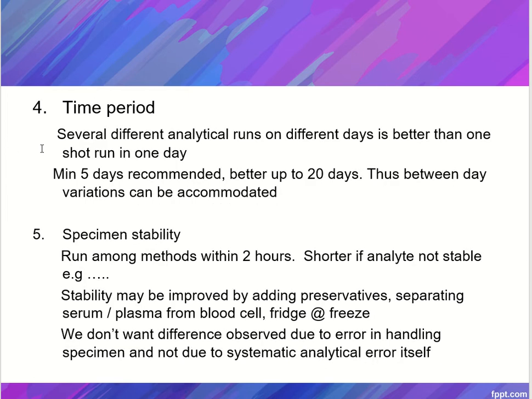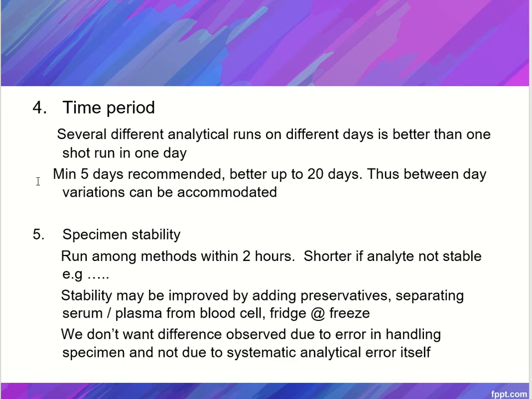Time period. Several different analytical runs on different days is better than one shot in one day. A minimum of 5 days is recommended, better up to 20 days, meaning that the period of doing this experiment is minimum 5 days up to 20 days.